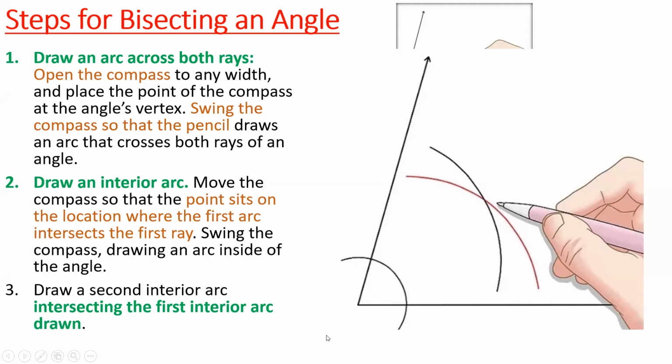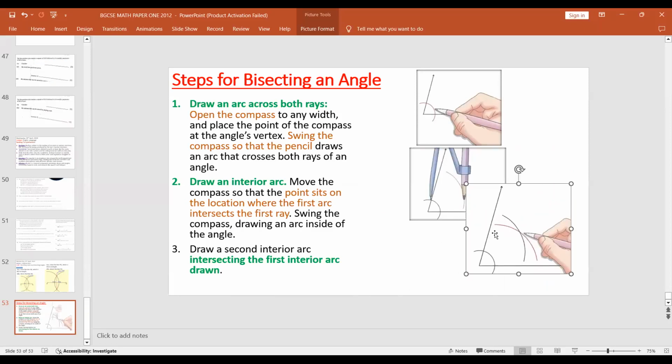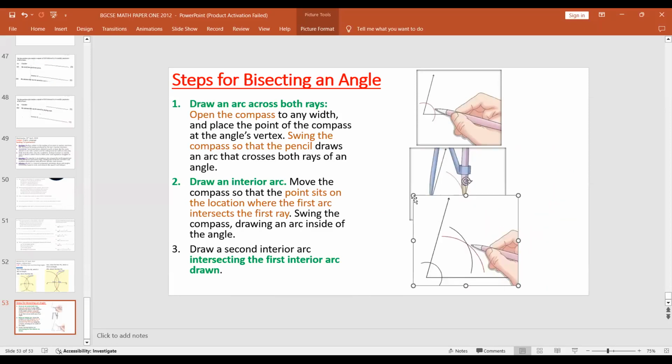Let me show you with my pencil. We're going to come to this particular point, and then draw an arc using our compass. And this second arc is going to intersect the first arc, right? Again, the second one is going to intersect the first one. So let me move that, and we should be good to go. So this is going to be the third picture.